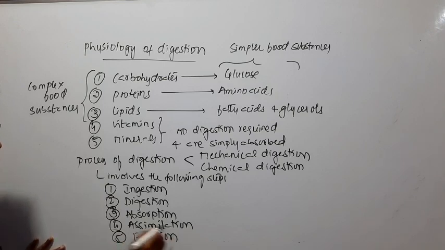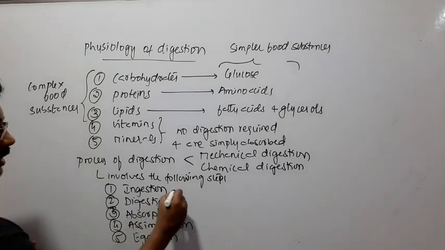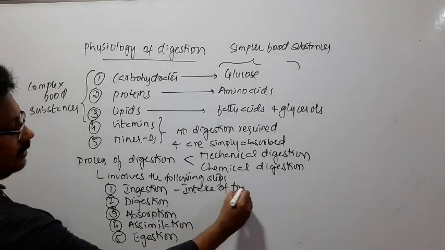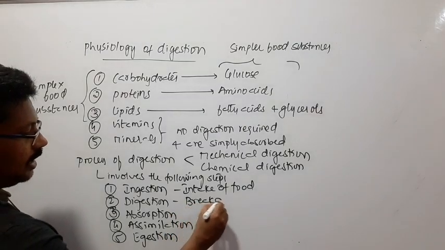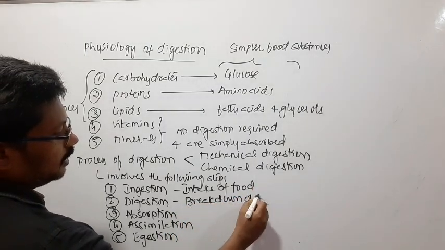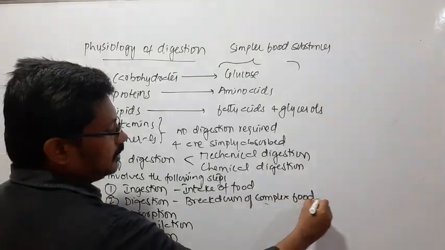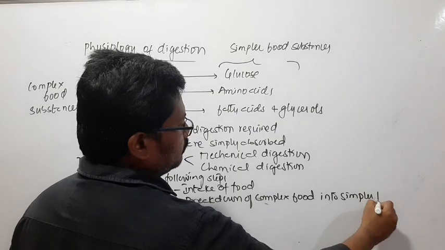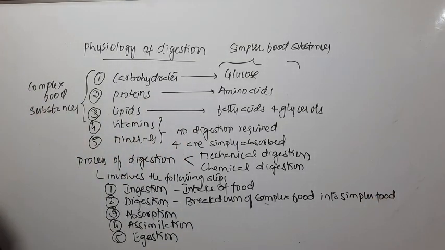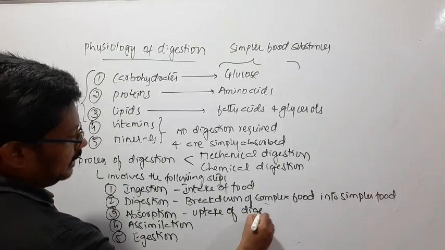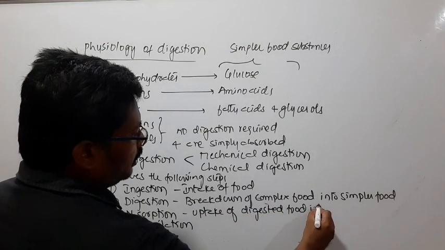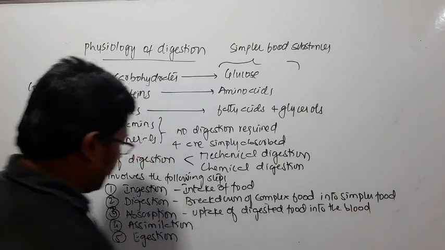So ingestion is simply intake of food. Digestion is the breakdown of complex food into simpler food, and absorption is the process of uptake of digested food into the blood.